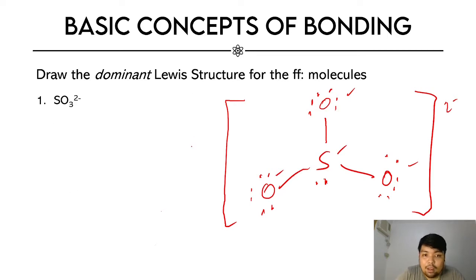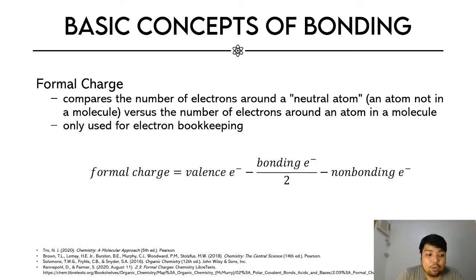So let's have sulfur. So remember the formal charge of sulfur is equal to, we'll go back to our formula here. So formal charge is equal to the number of valence electrons minus the number of bonding electrons divided by 2 minus the number of non-bonding electrons.